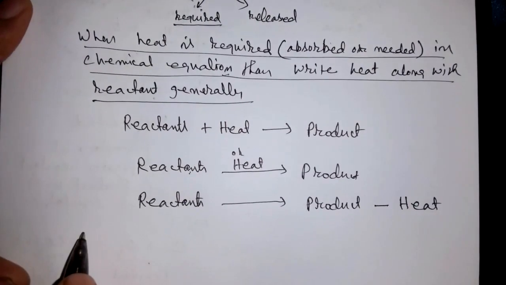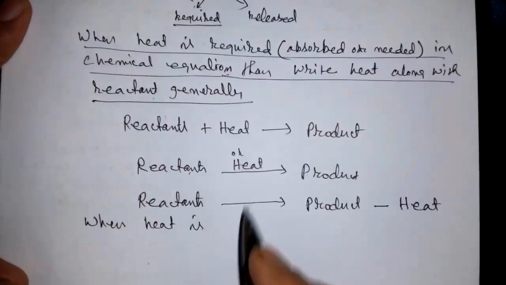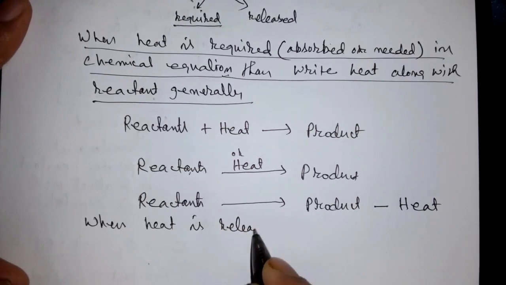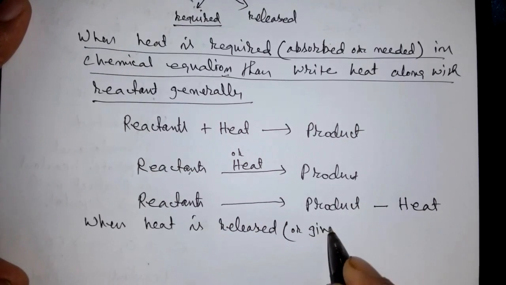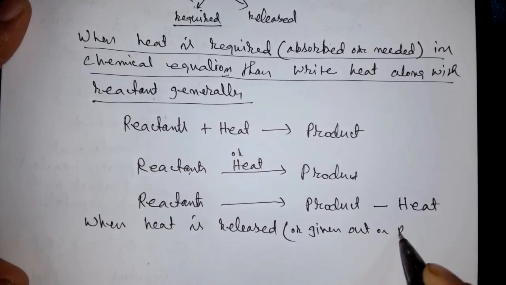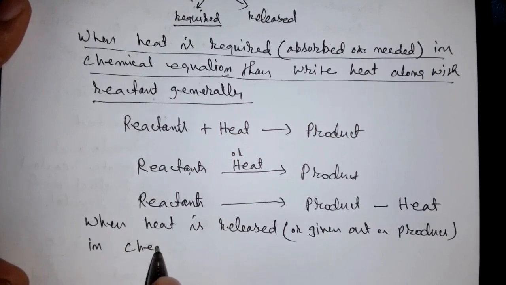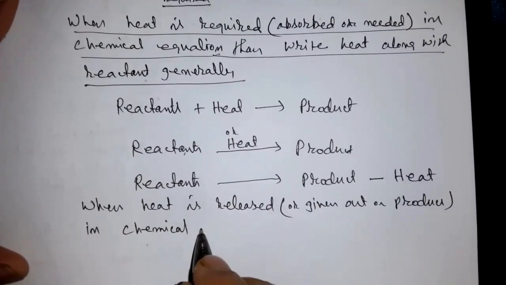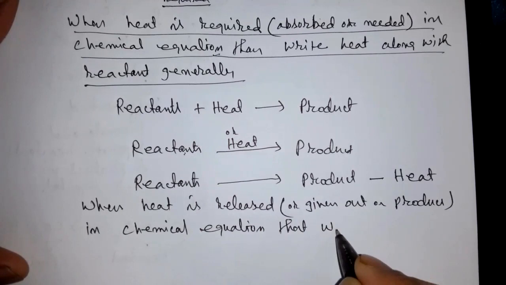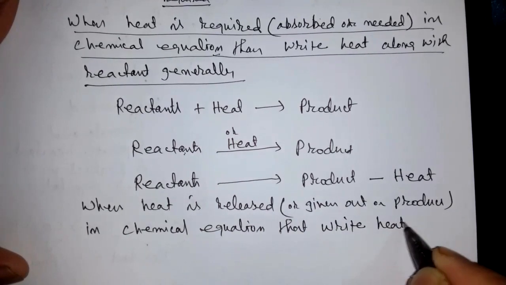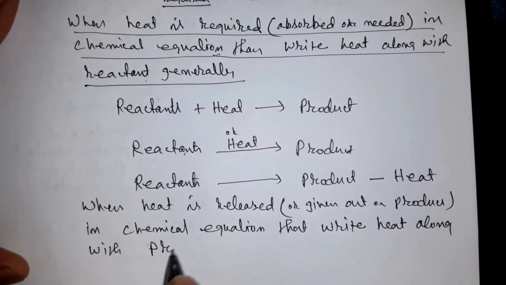Similarly, when heat is released, or we can say given out, or produced in a chemical equation, then the rule is to write heat along with the product.